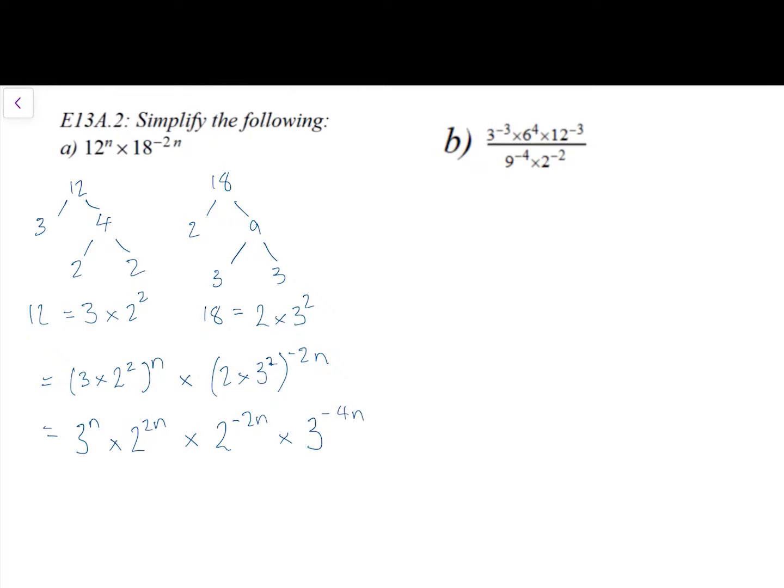And now that we have two base terms of 3 and two base terms of 2, we can use the first index law to add them together. 3 to the power of n, take away 4n, so 3 to the power of negative 3n, and 2 to the power of 2n, take away 2n, is 2 to the power of 0, or 1. But we have a negative index here, so let's rewrite this as 1 over 3 to the power of 3n.